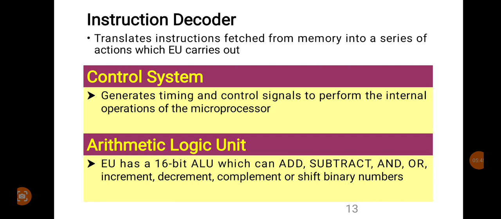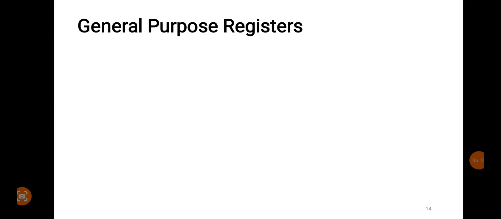The control system is the main part that provides the necessary timing and control signals for the entire operation of the microprocessor. And the ALU does arithmetic, logical, OR, increment, decrement. So all operations can be done by using this unit.